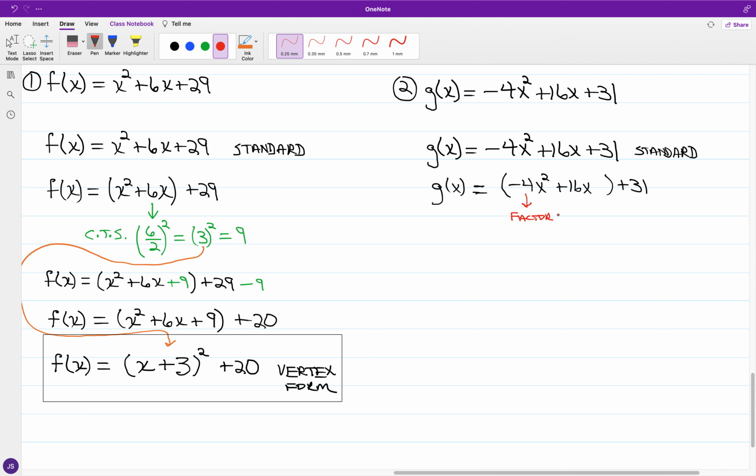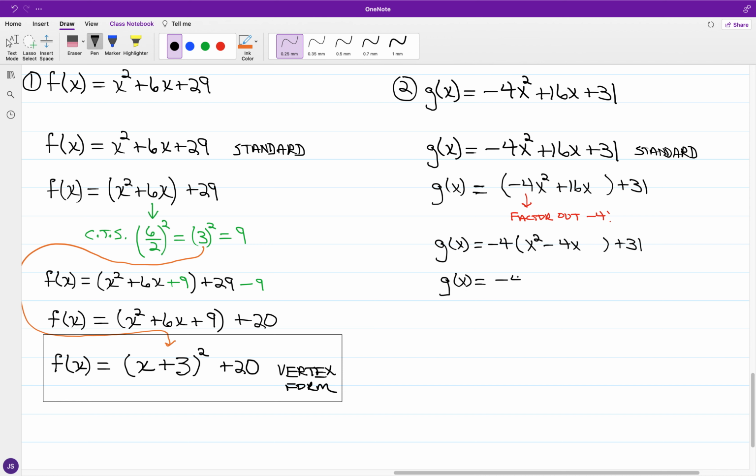Then if I factor out negative 4, I have g of x equals negative 4, and factoring out negative 4 from negative 4x squared plus 16x, I'm going to have x squared minus 4x, plus 31.